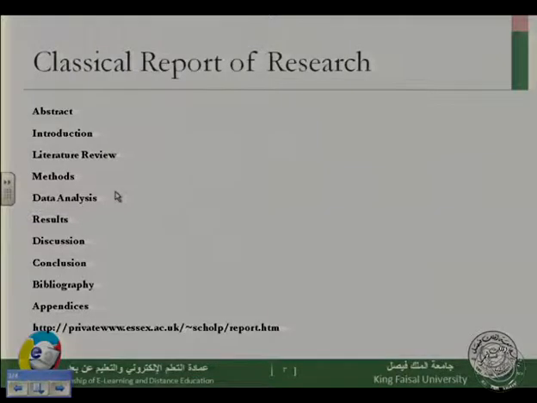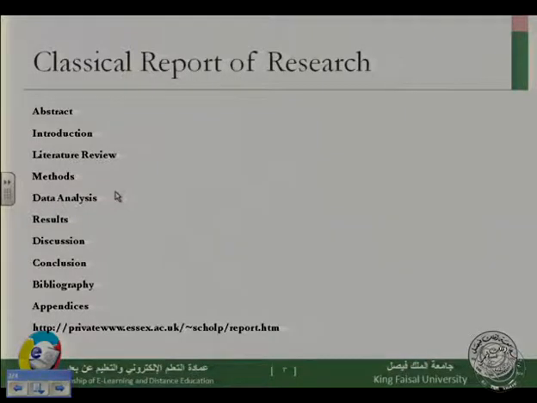And then we have a chapter for conclusion, and then a bibliography or references, the list of books and articles you refer to while you are doing your research. And then we have appendices: anything that you want to append to the end of your research to support it. So let's take them step by step and one by one.